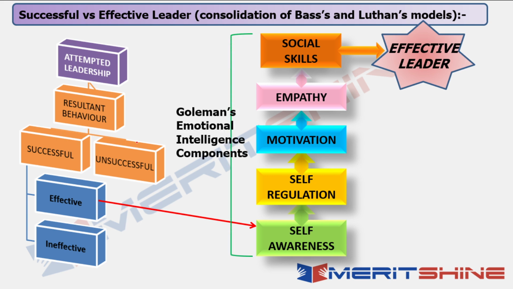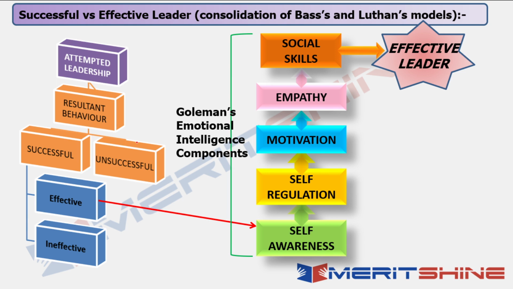And this, my dear friends, is Goleman's emotional intelligence components. Look at this. See the relationship from Bass's transformational leadership model to Fred Luthans's effective leader model to Goleman's EI components, all related. If you know this story and can relate to this, would you ever forget the stuff that we have just discussed? You would not.